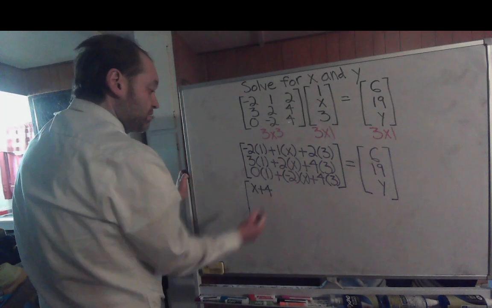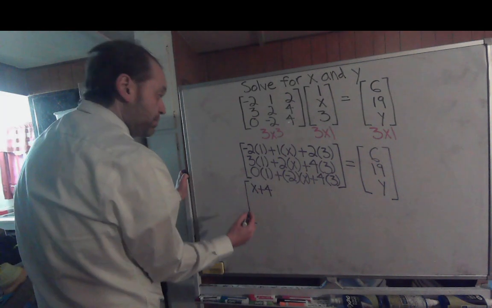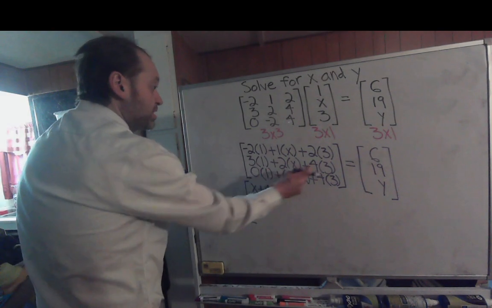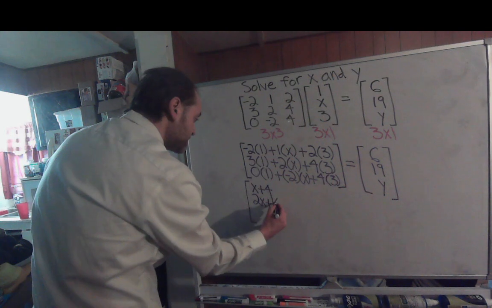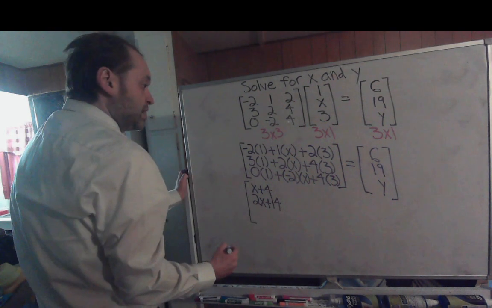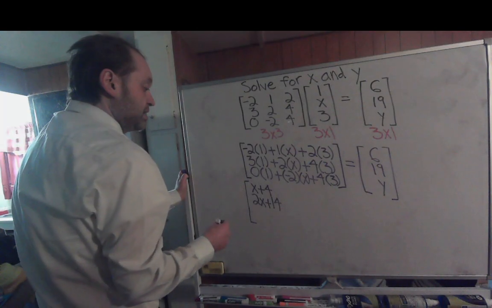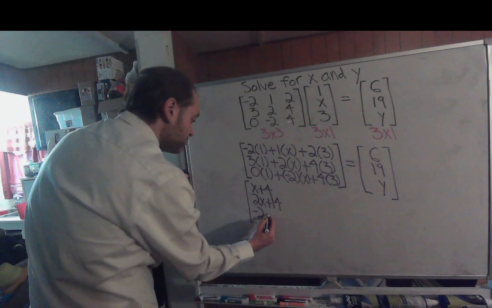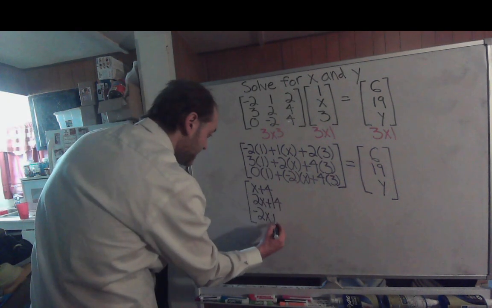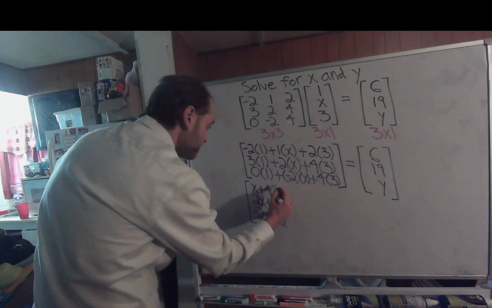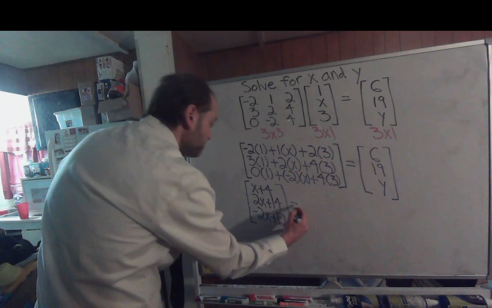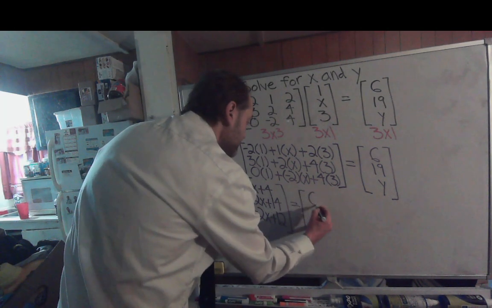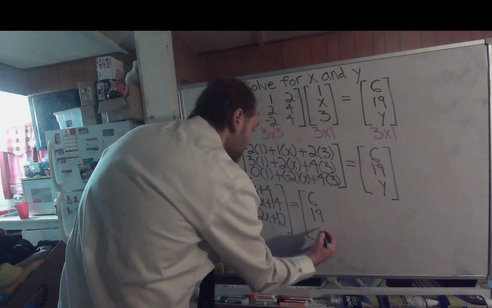For the second entry, for your 3 by 1, you should end up getting 2x plus 3 plus 12, that'd be 14, 2x plus 14. And then for your third entry, negative 2x plus 0 plus 12, well, that'd be negative 2x plus 12. All that should be equal to the right-hand side, which would be 6, 19, and y.